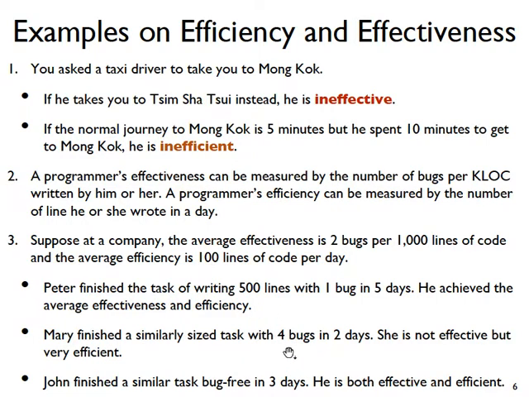But let's say Mary finished the same programming task in 2 days versus 5 days, then she is very efficient. But in the process, she created 4 bugs. Then she's not very effective. And the last case is someone who did it with no bugs in 3 days, then he is both effective and efficient.